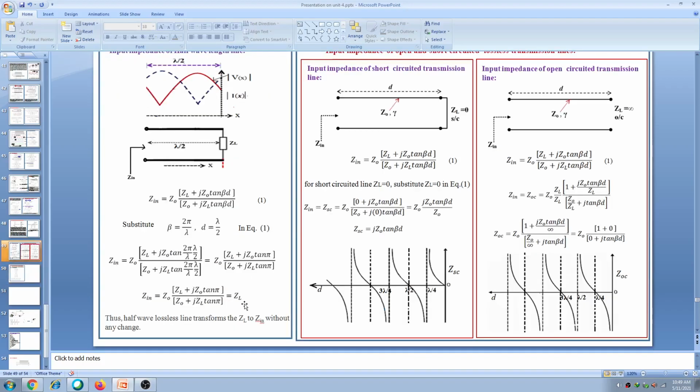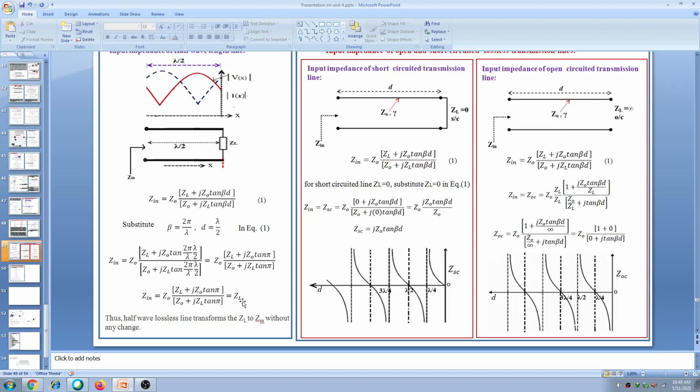It is equal to ZL, because tan pi is equal to 0. Substitute tan pi as 0 here, and ZL by Z0 cancels. Remaining is ZL, and Z0 cancels. It is equal to ZL.